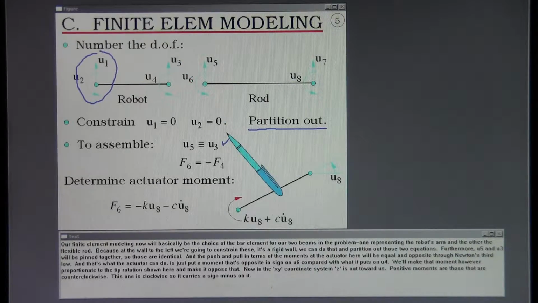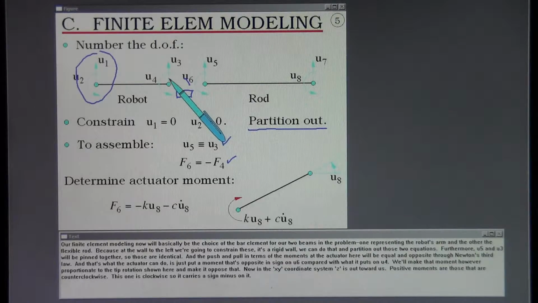And the push and pull in terms of the moments at the actuator here will be equal and opposite through Newton's third law. And that's what the actuator can do, is just put a moment that's opposite in sign on U6 compared with what it puts on U4.